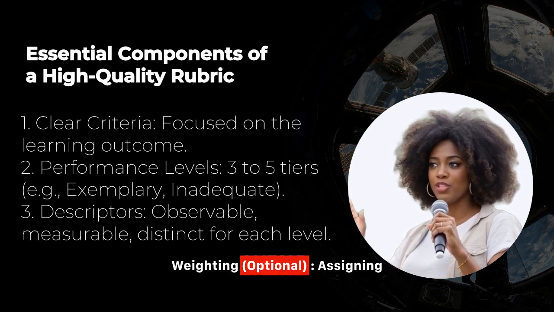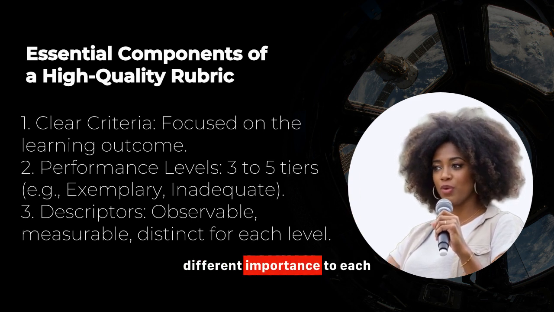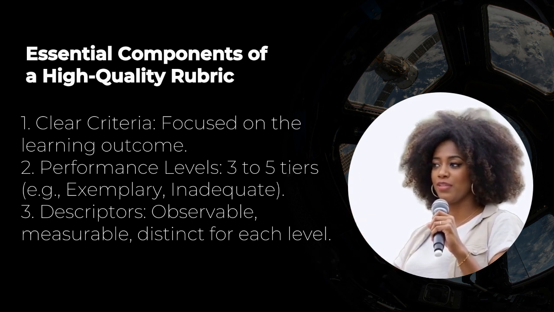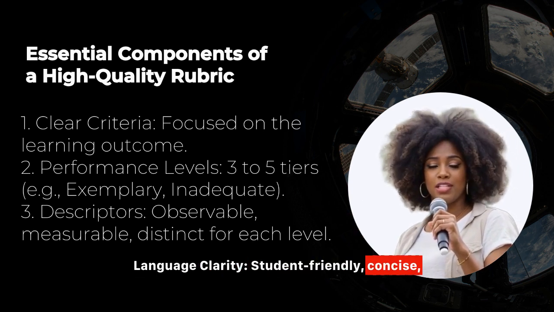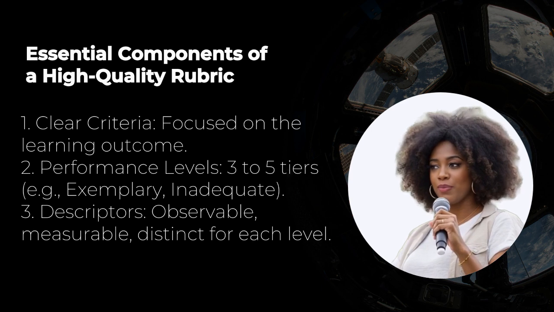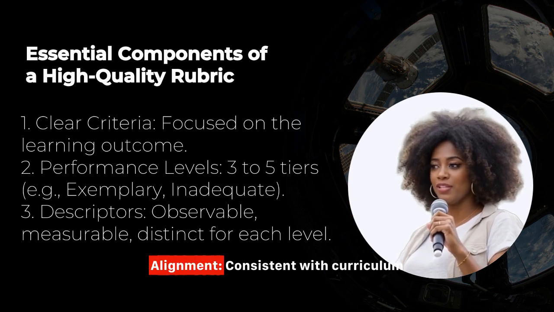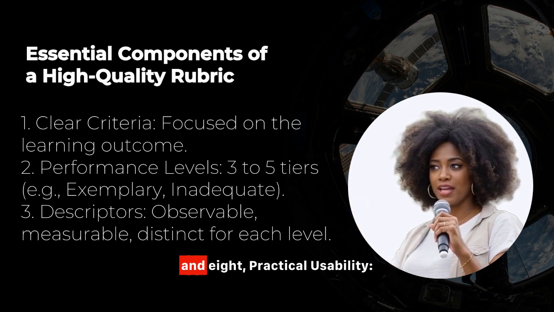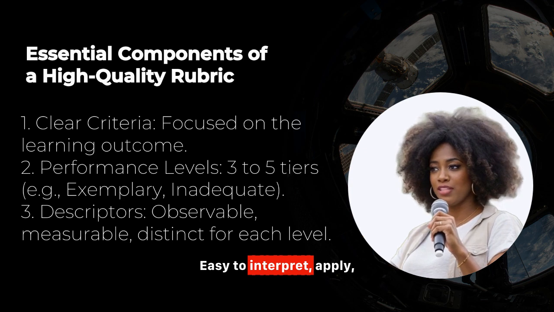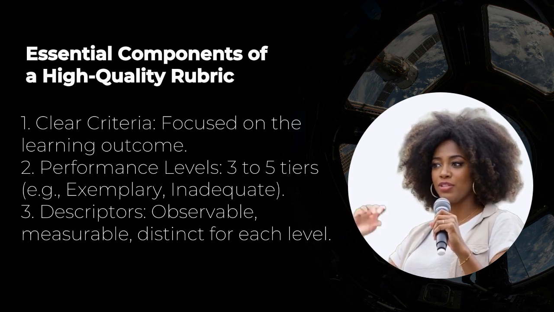Weighting. Optional. Assigning different importance to each criterion. 6. Language clarity. Student-friendly, concise, culturally inclusive. 7. Alignment. Consistent with curriculum and standards. And 8. Practical usability. Easy to interpret, apply, and reuse.